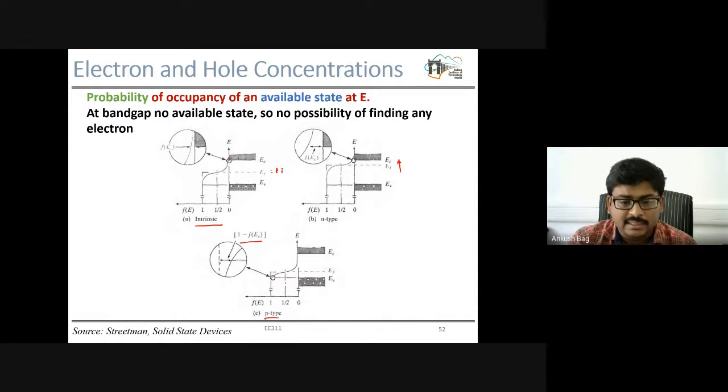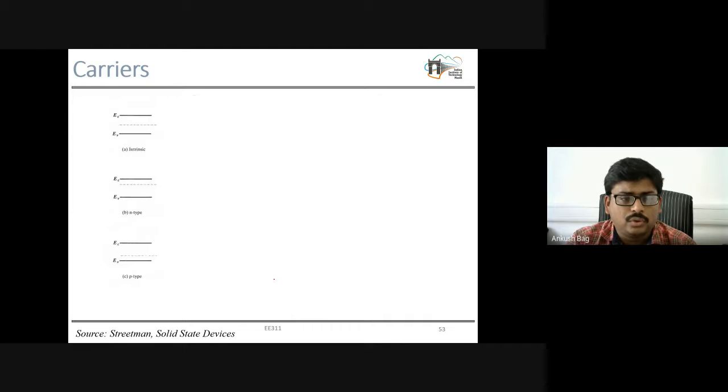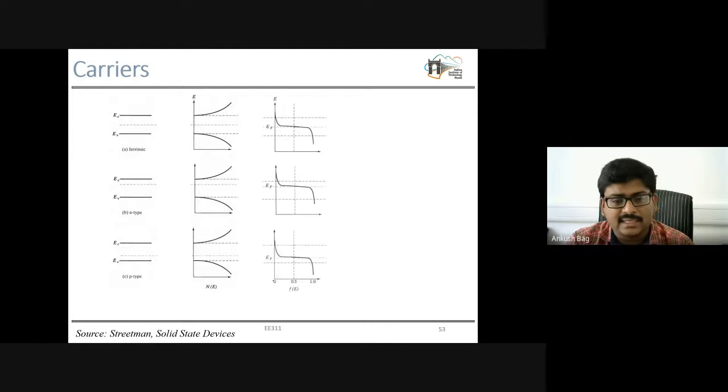So again, this is the enlarged portion of this region where your Fermi-Dirac distribution is going inside the valence band. So this is that same concept, but for all the materials, that means intrinsic, N type as well as P type material. The only difference you can see, once again, is the Fermi level position.